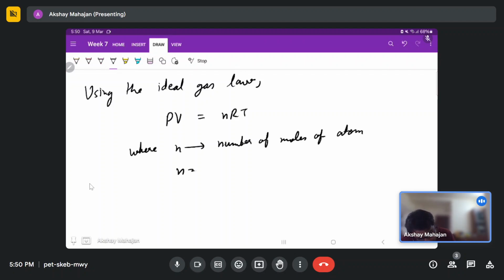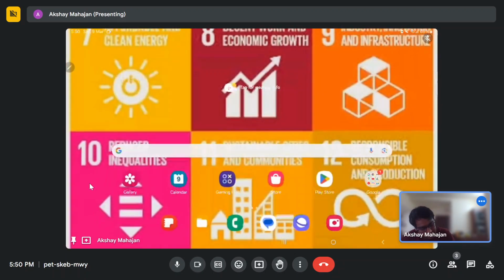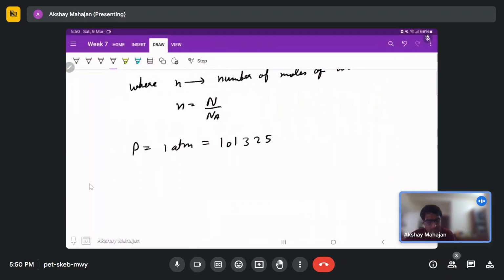So here n will be equal to capital N by capital N A. Capital N is what we need. Since we need the total number of atoms, I will take pressure to be 1 atm, which is room, normal atmospheric pressure, 101325 to be exact. You can take 1 times 10 to the power 5 as well, but in this calculation I have taken 101325 Newton per meter square.